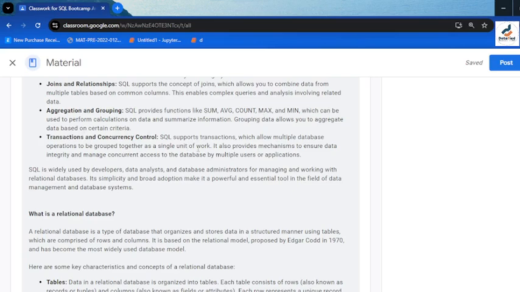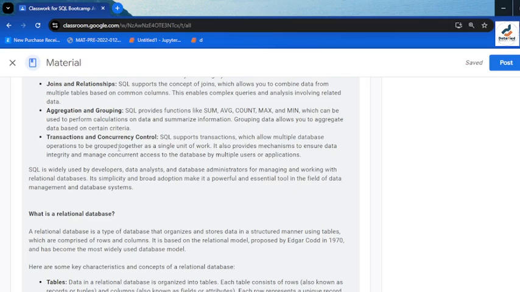And then we'll move on to transactions and concurrency control. SQL supports transactions, which allow multiple database operations to be grouped together as a single unit of work, right? So I think this speaks more on atomicity, when you have the ACID functionality with SQL.